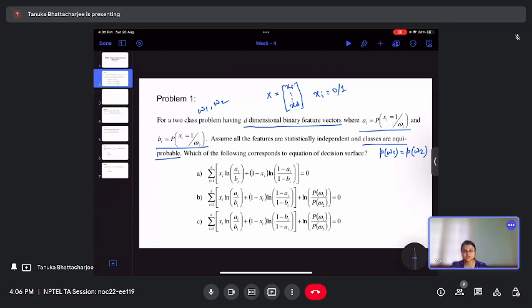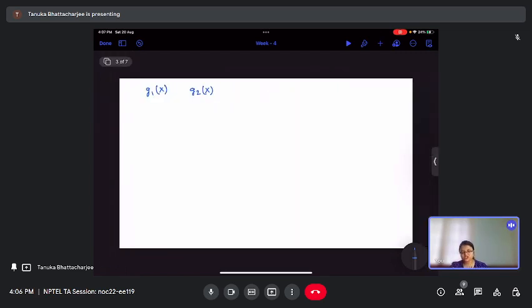They have asked us to determine the equation of the decision surface. As you know, on the decision surface the value of the discriminant function for both the classes will be equal. So at that surface g1x equals g2x, or g1x minus g2x equals 0.